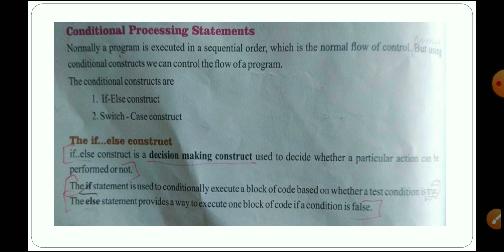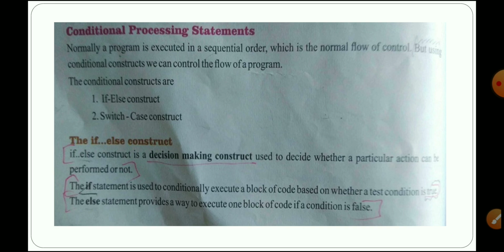What are the conditional statements we have? Conditional constructs are there: the if else construct and the switch case construct. Construct means statements, so if else statements and switch case statements.